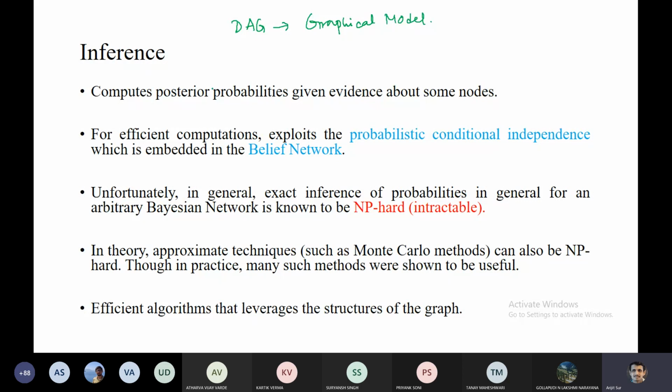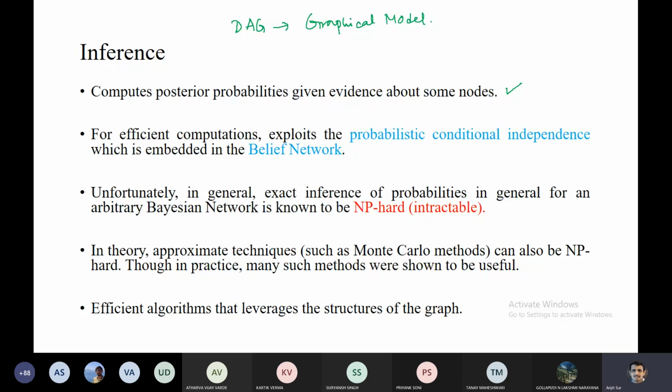We can compute the posterior probabilities given evidence about some nodes. For efficient computation, we exploit the probabilistic conditional independence which is embedded in the belief network. Unfortunately, the exact inference of probability in general on an arbitrary Bayesian network is NP hard. So we cannot, even if this.